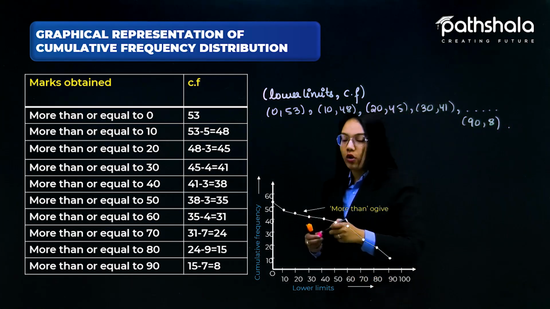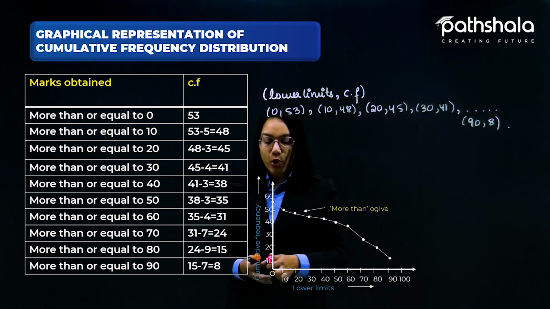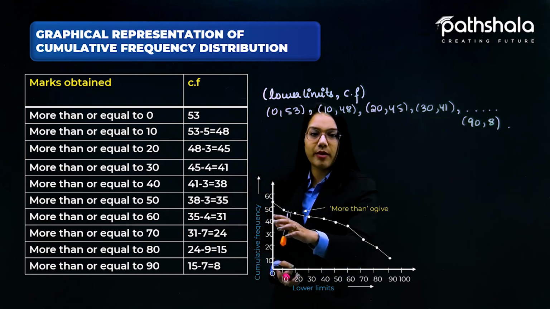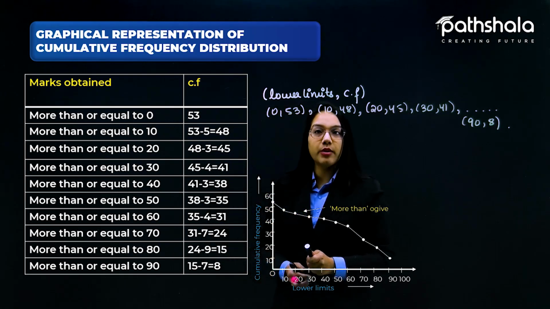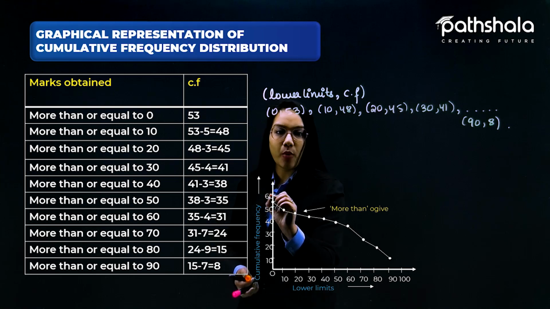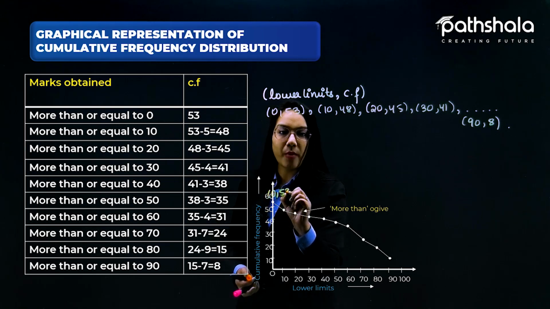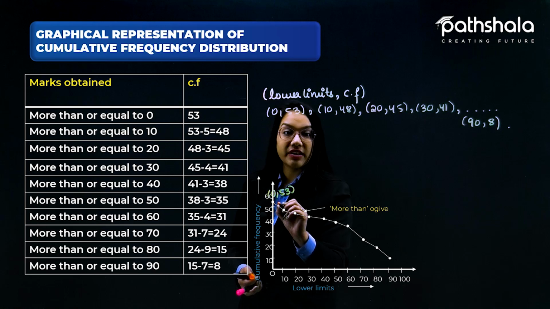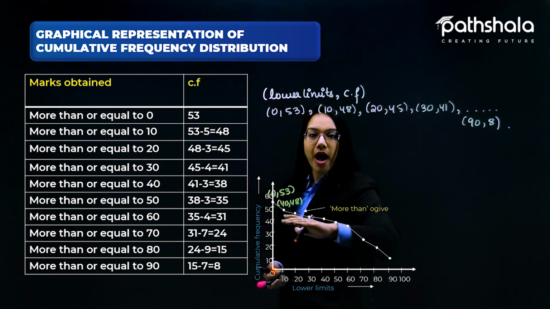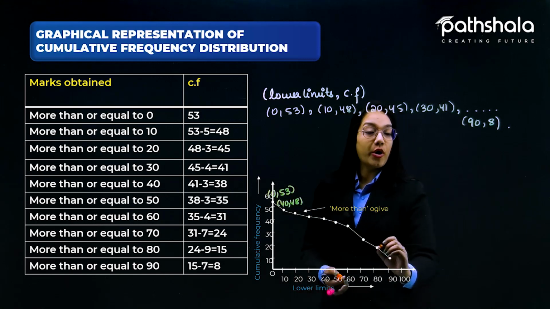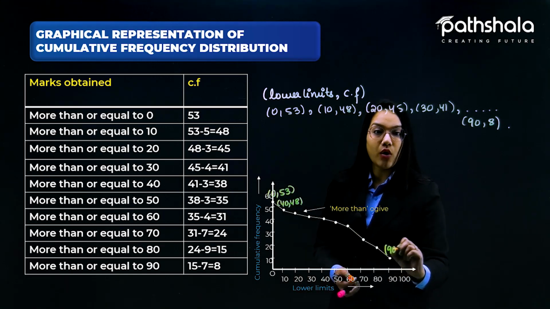So let's plot all these coordinates in this xy plane. This point is representing 0, 53. This is representing 10, 48. And so on. This particular point is representing 90, 8.